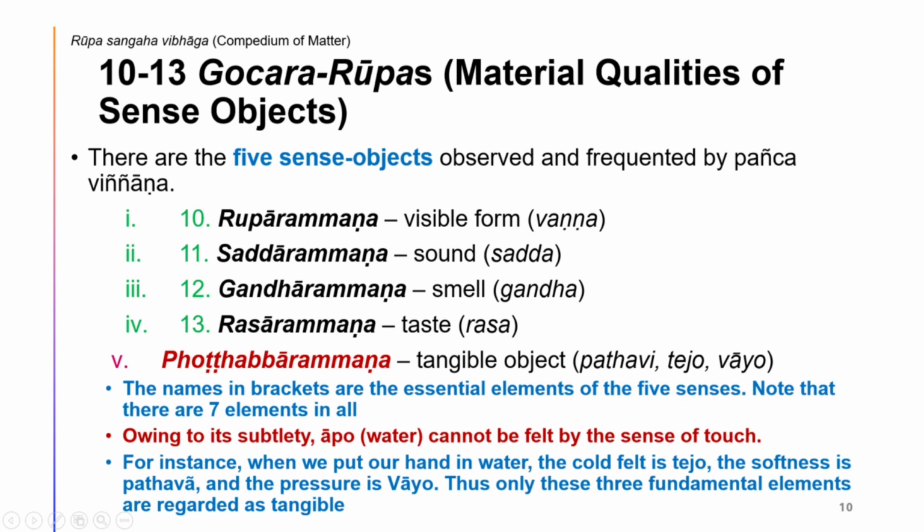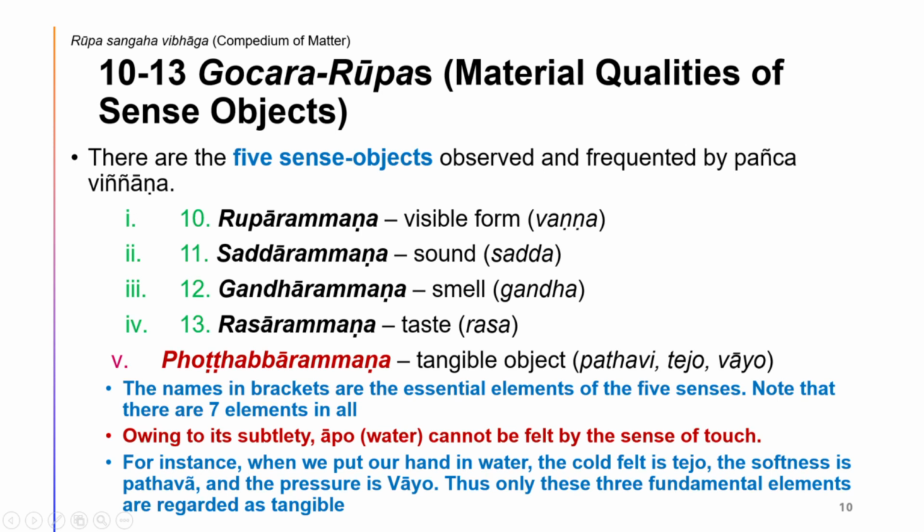And then for the liquid one, there's a trouble. We cannot feel the cohesion of this so-called liquid, right? We can't feel the cohesiveness. So that's why they say only 3.